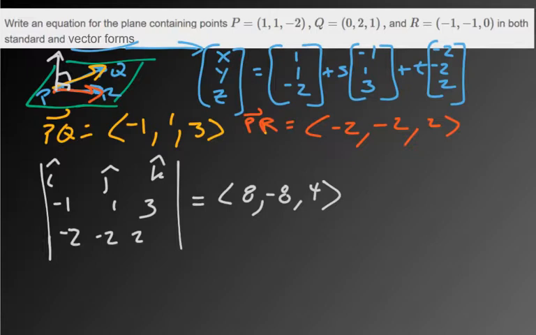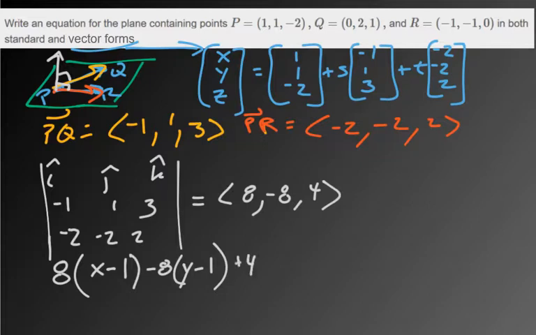All right, and then the correct form I'm talking about is you put 8 in there, and then do x minus a point. I'm just going to use point P, x minus the x component of the point. And then we'll do negative 8, and then y minus the y component of point P, but you could use any point. And then we'll have 4, and then z plus 2.